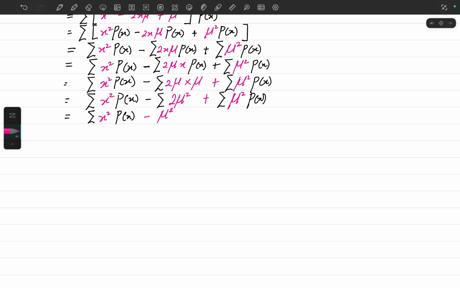All right, so since mu square is common, we'll be left with summation of 2, right? Summation of 2. Okay, so plus, and in this guy, mu square is also common, right? Did you see that? And we'll be left with the summation of that.